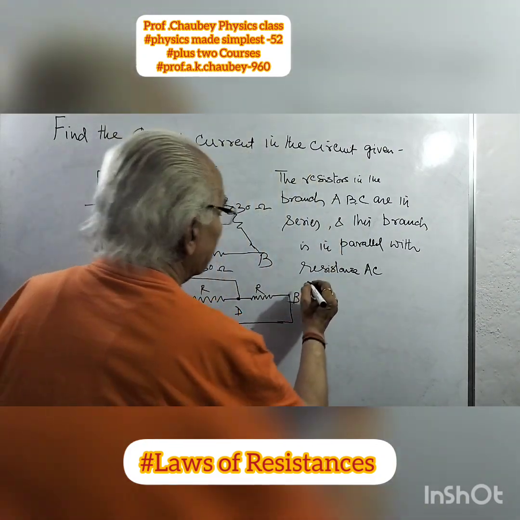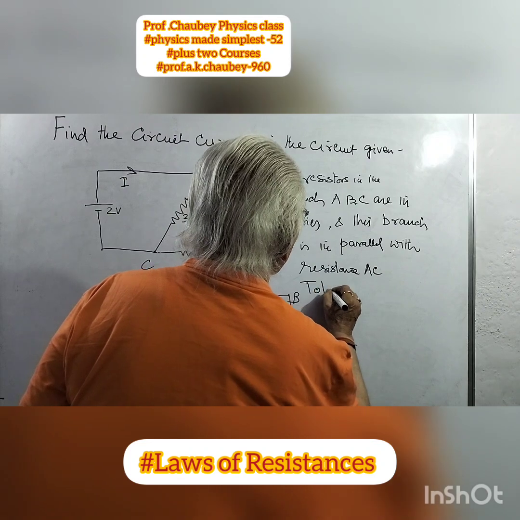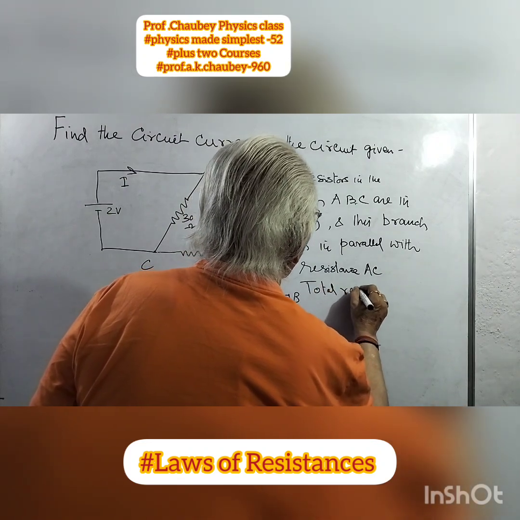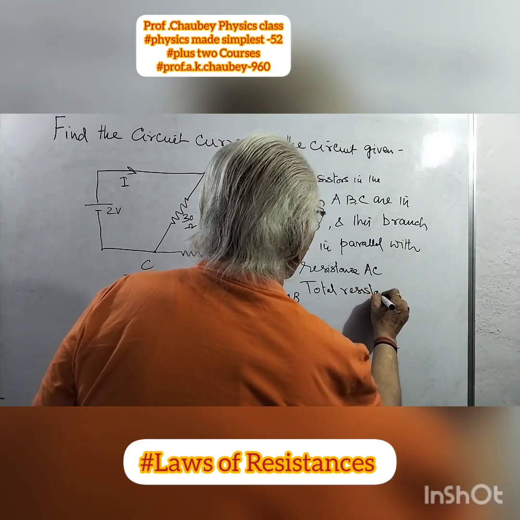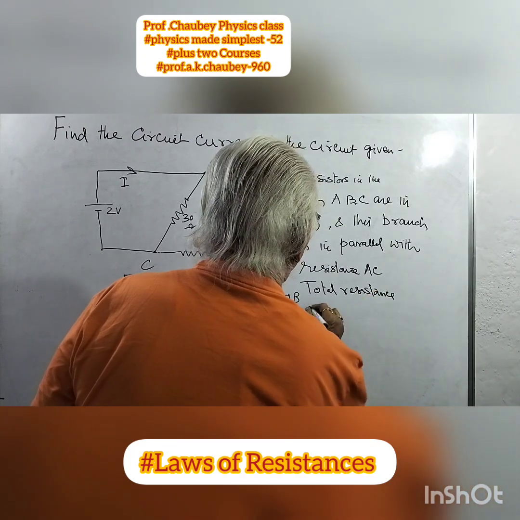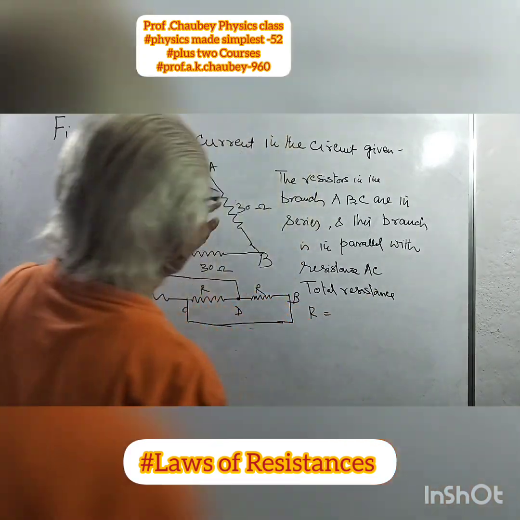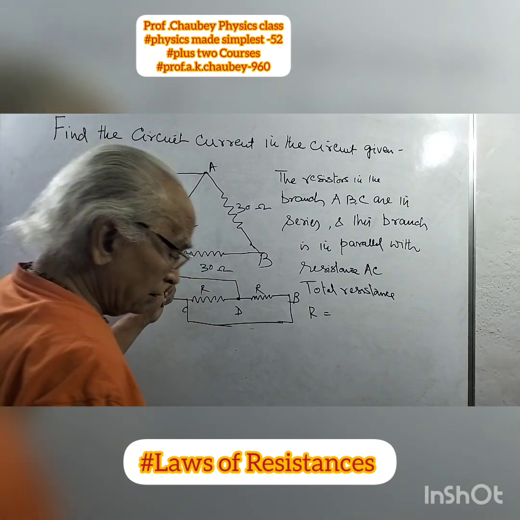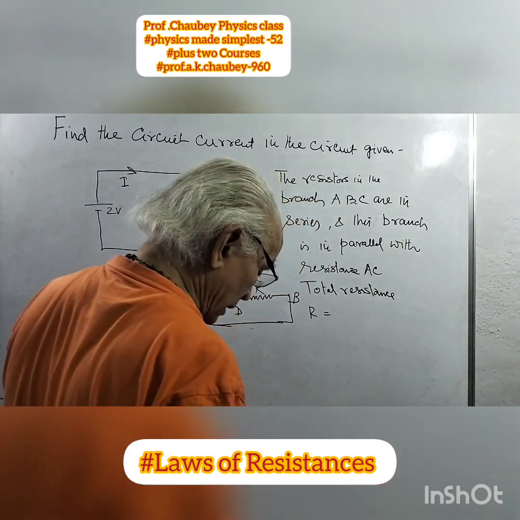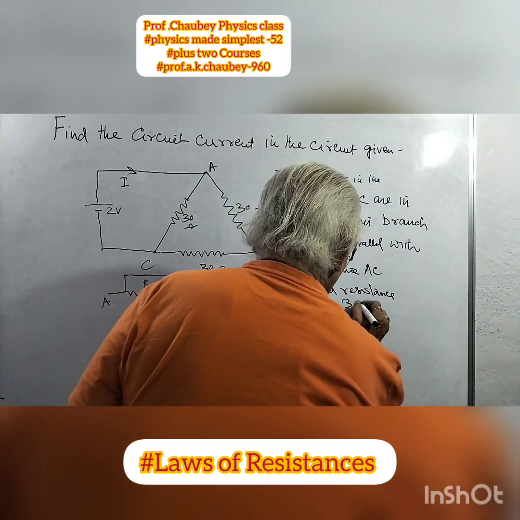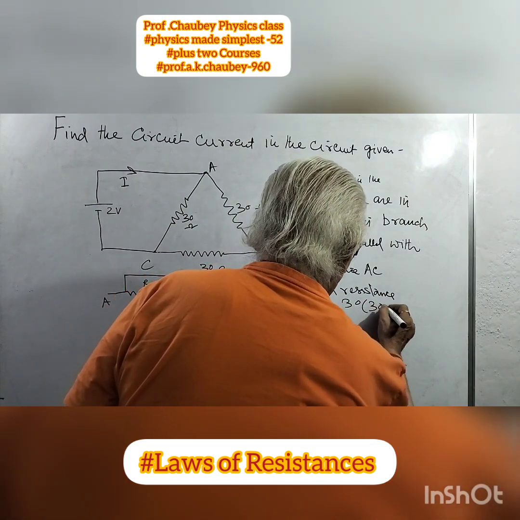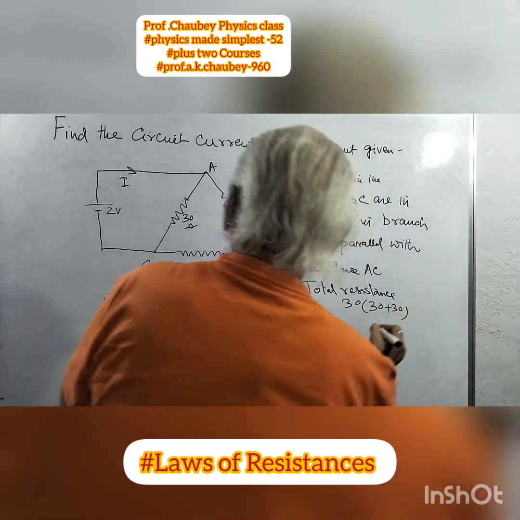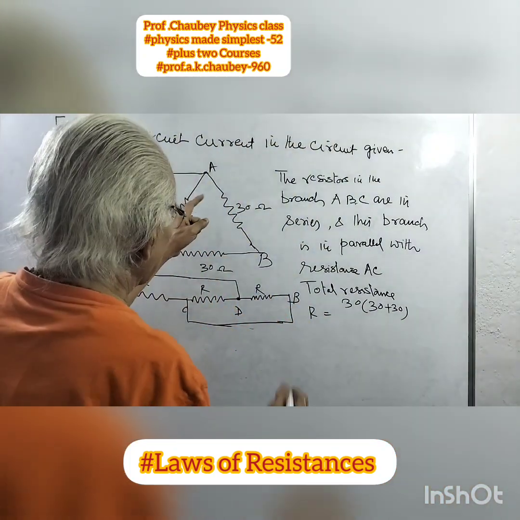So total resistance R is the parallel combination of this series and this one. 30 plus 30, then these two in series and this in parallel.